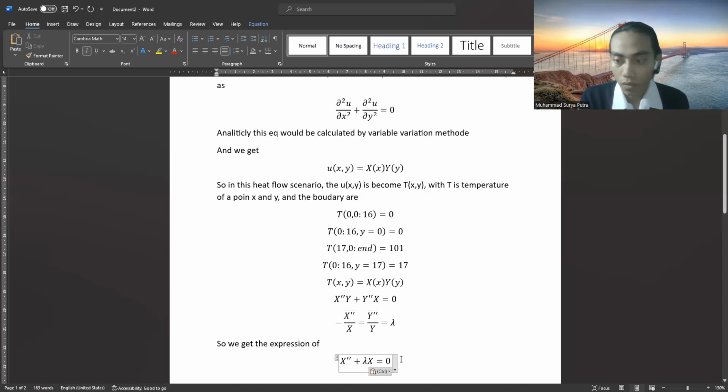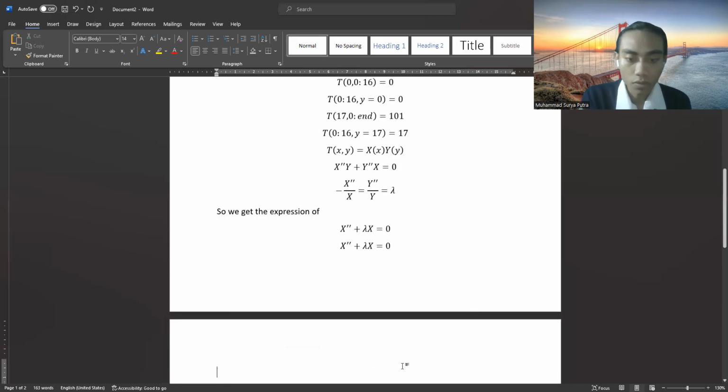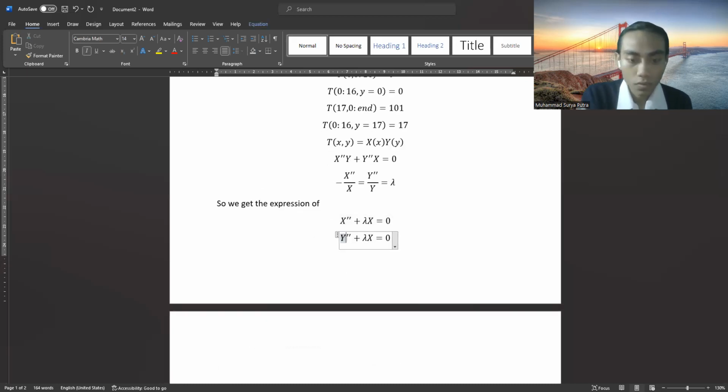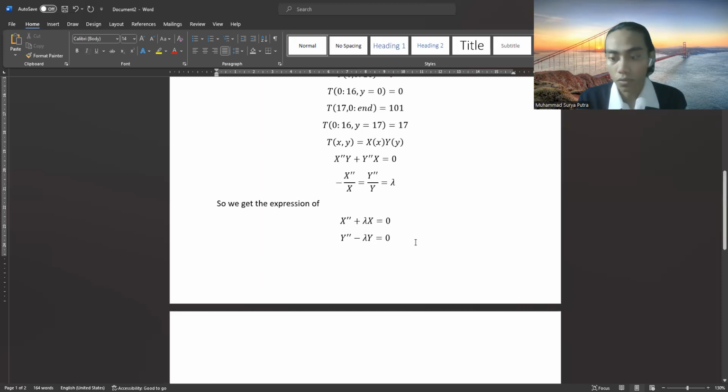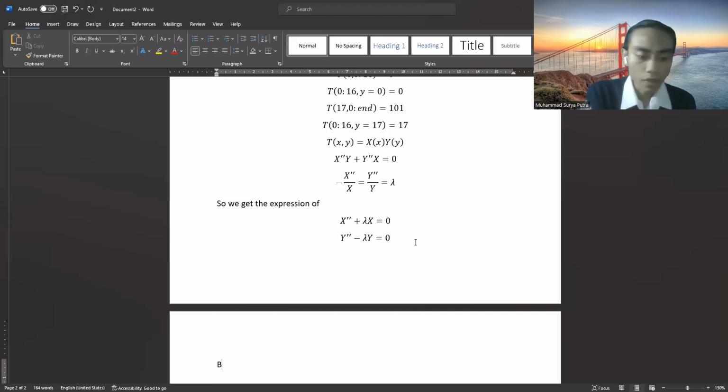This equals to 0. Then for the y side, the y element is equal to 0 also. Because the PDE is an elliptical equation.